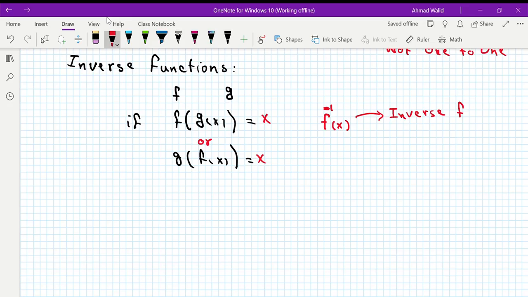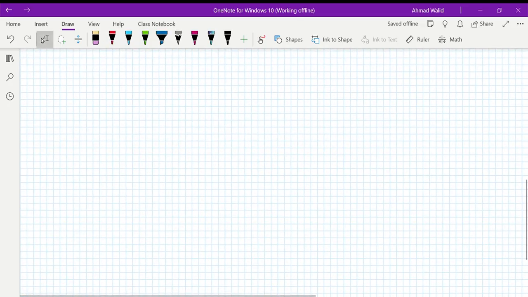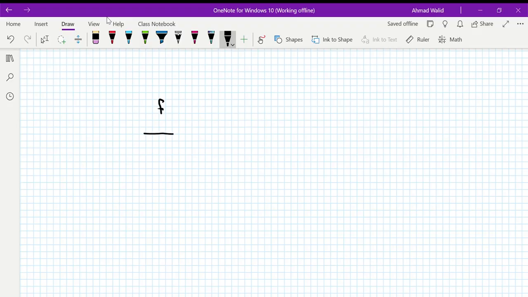Correct? Now, let me explain this definition in a different language also for you. If I have a function, for example, f, let me draw here a table for it. X, y. For example, even though I don't have a function, you see, I just named it f, but later we will do examples.